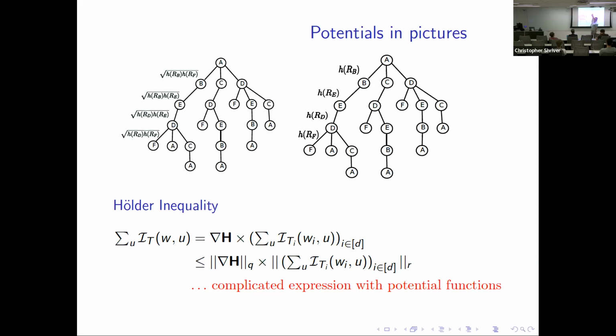For say vertex E, instead of having H_RE, you cut this H_RE into halves, square root of H_RE, square root of H_RE, move one H_RE here, and here you get square root of H_RB from the parent. And this is a kind of amortization that you get. Somehow this works nicely because the system is antiferromagnetic, right? So it's way more technical, but this is the essence of using potential functions, right?